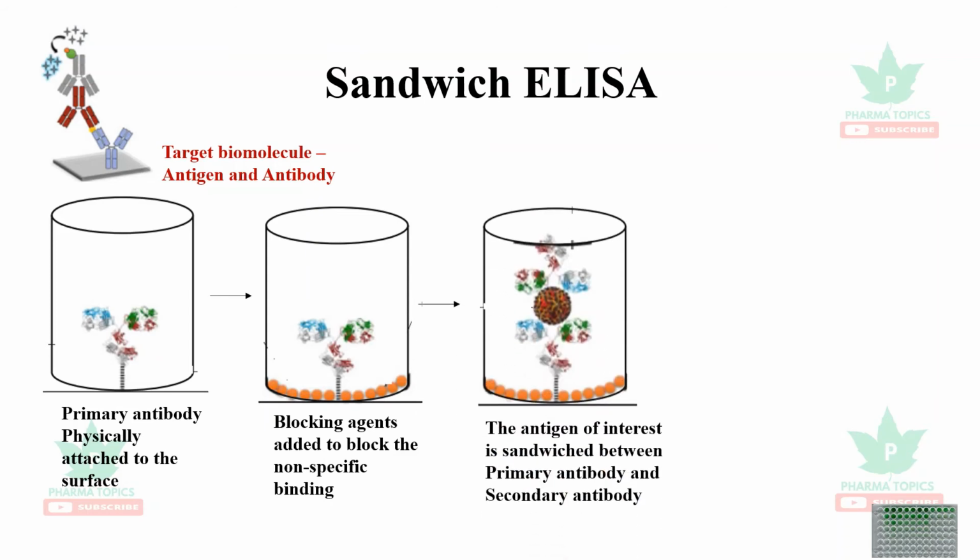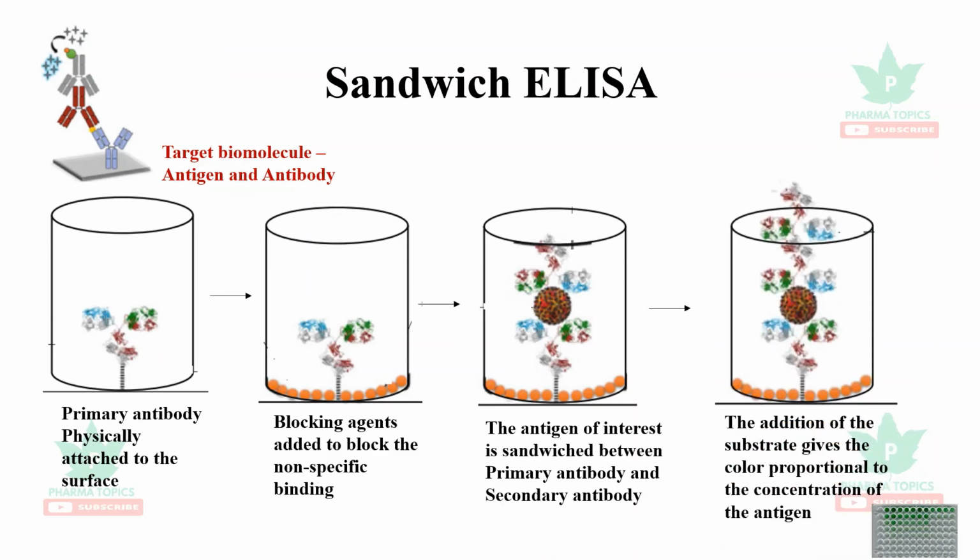The antigen of interest is sandwiched between the primary antibody and the secondary antibody, which is conjugated with an enzyme. Then the addition of the substrate gives color proportional to the concentration of the antigen. So depending upon the concentration of the antigen or the antibody, the fluorescence will be produced.